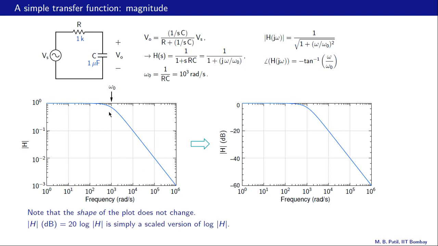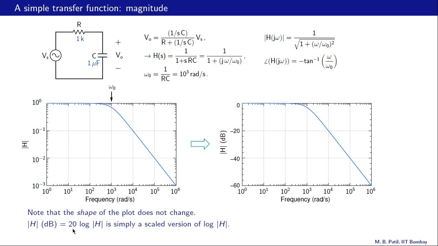This shape is identical to that shape. And of course there is a very good reason for that. That is, mod h in dB is equal to 20 log of mod h, and that is simply a scaled version of log of mod h, scaled by this factor of 20.